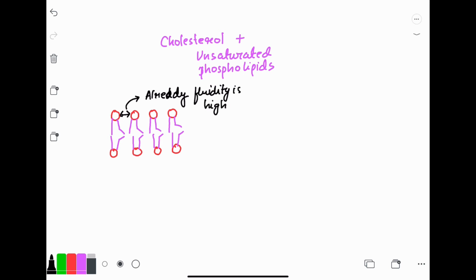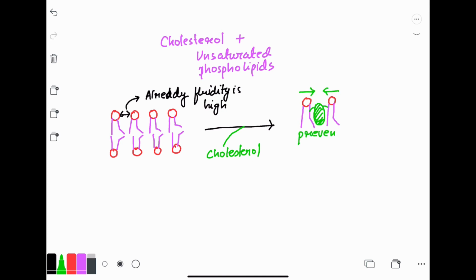But now cholesterol is going to appear. What will happen if cholesterol appears between these phospholipids? Let us see. Here is another diagram. So as you can see, if now a cholesterol molecule appears between these unsaturated phospholipids, what it will do is pull them together and prevent further separation of these phospholipid molecules.